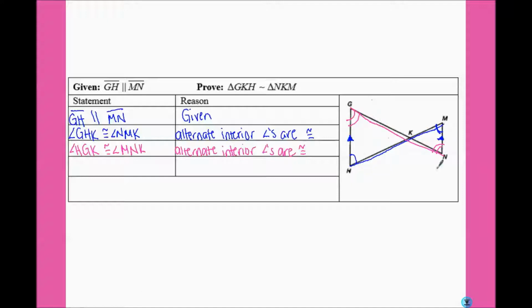Well, we have two sets of angles, which means that we know that triangle GKH is similar to triangle NKM because of angle-angle similarity. And if we wanted to, we could have used the vertical angles instead of using both alternate interior angles and still proved it by angle-angle.